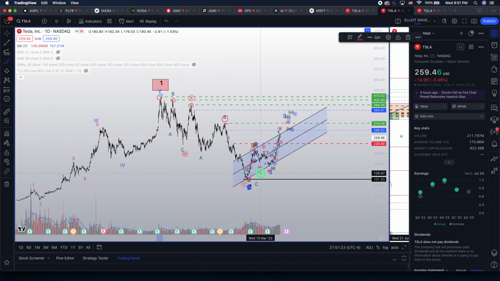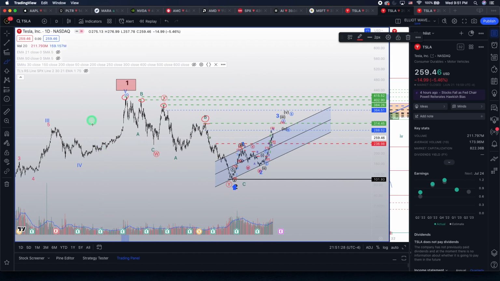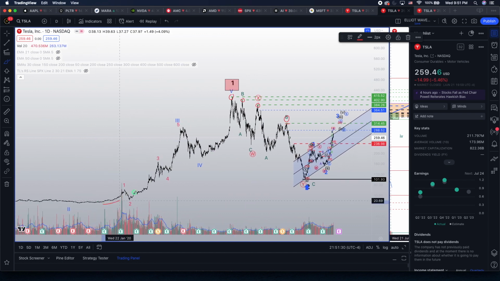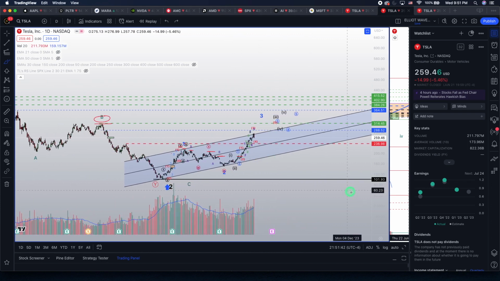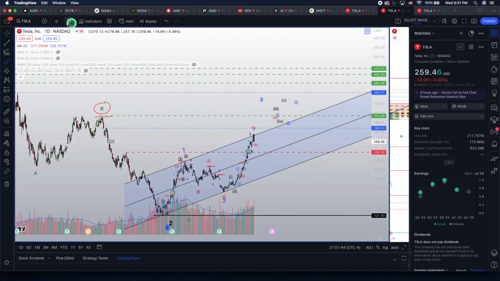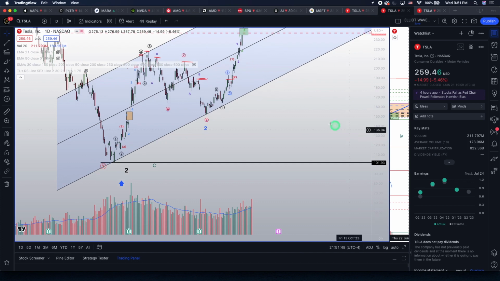Now, you have your first wave up over here, which is similar to this first wave up down here. Then you have your ABCX, ABCY. Same thing is playing out over here on a minor scale.